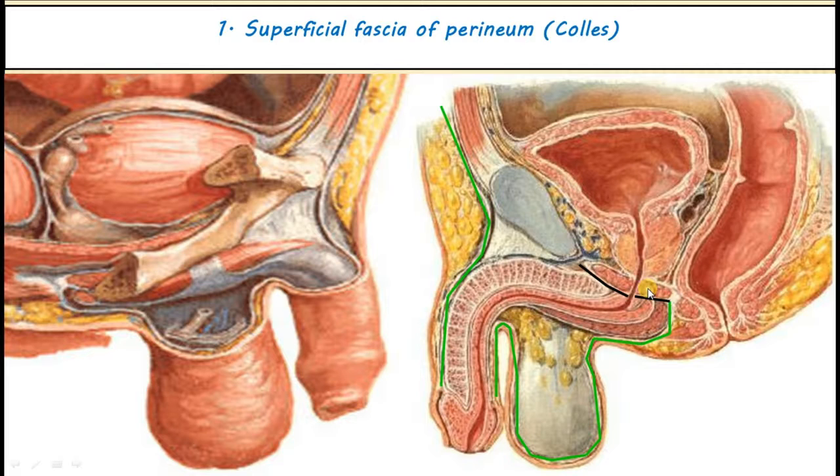Instead of that, you have the paraurethral glands or the greater vestibular glands. So that is the superficial fascia of the urogenital diaphragm, and again both the fascia are fused. So the deep pouch is a completely closed pouch, whereas the superficial pouch is open only anteriorly and above, and the remaining it is completely closed.